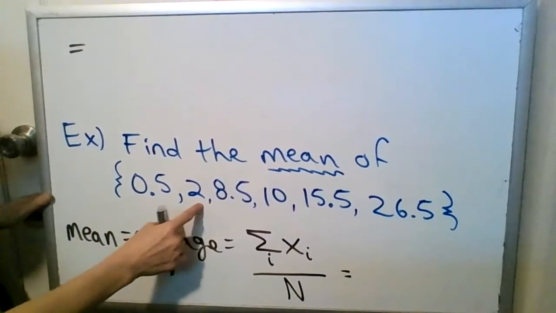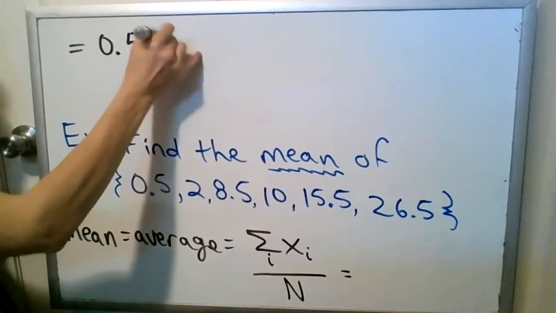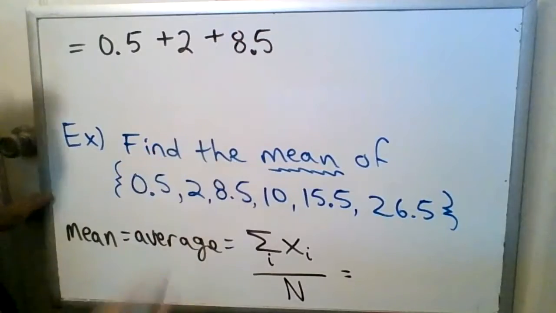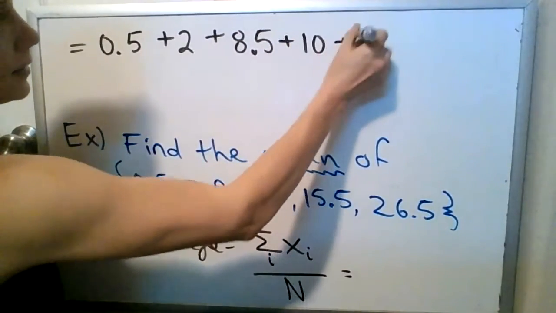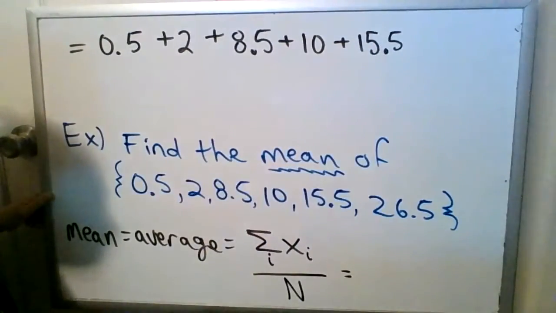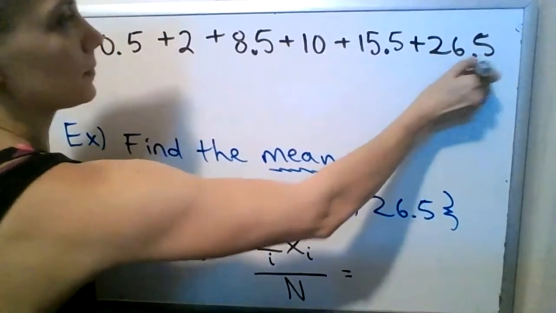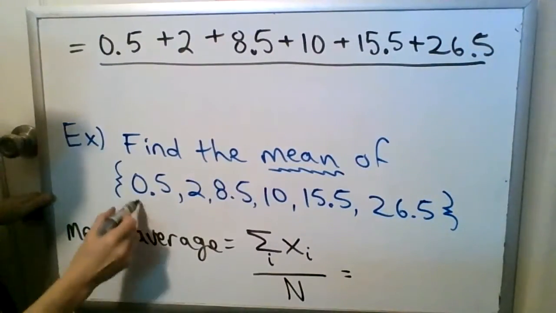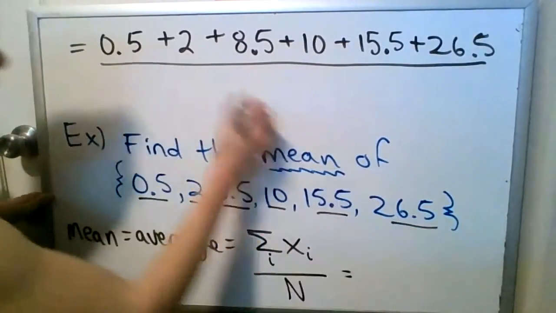Right, 0.5 plus 2 plus 8.5. Add 10 and 15.5. Add 26.5. Divide by the number of elements in this set, which is 1, 2, 3, 4, 5, 6.